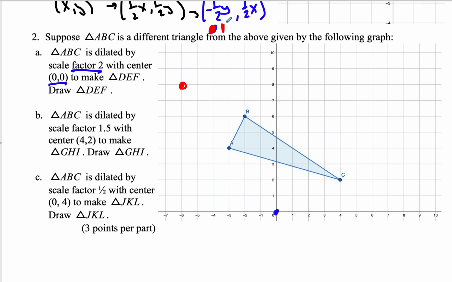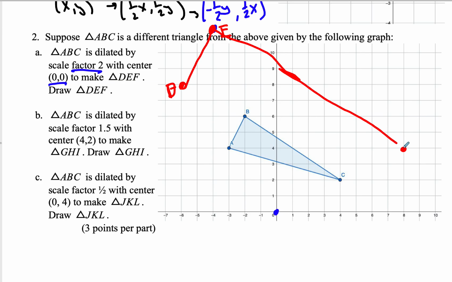Okay, so this is D, this is E, because you've got to be careful of how the letters line up. And now for F, F goes with C, so we've got -4 over 2, -4 over 2. And there would be F, okay?